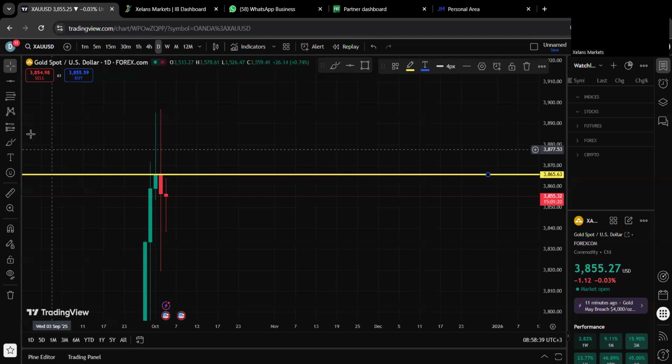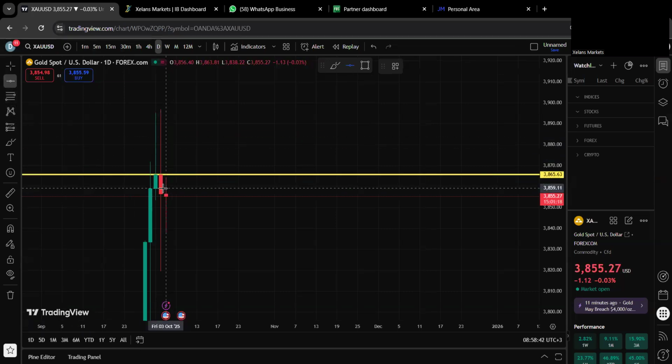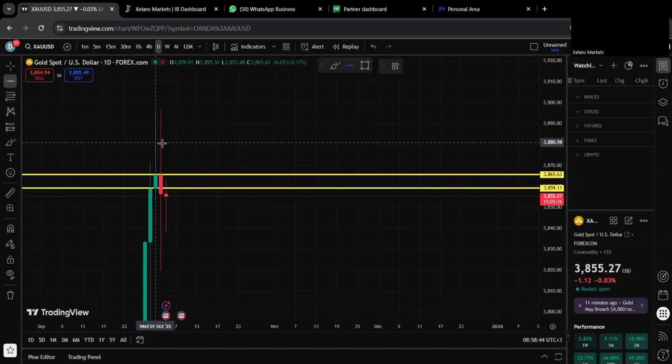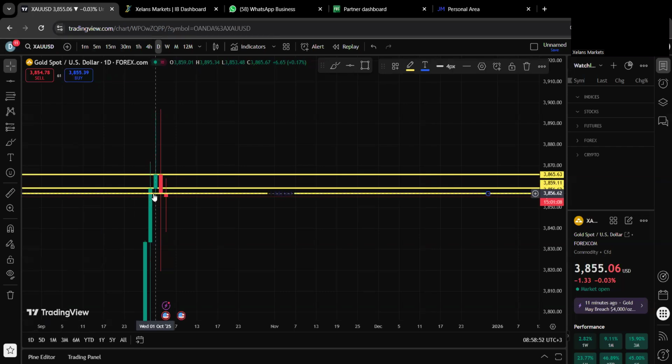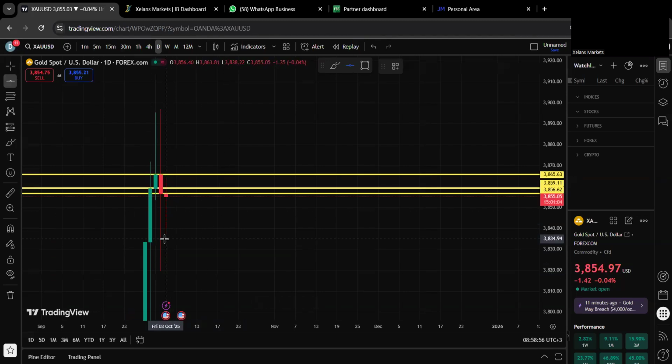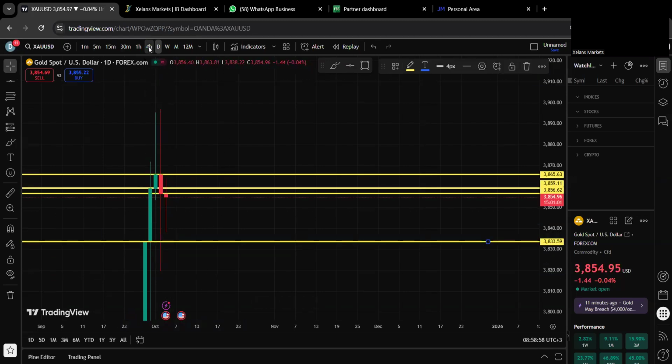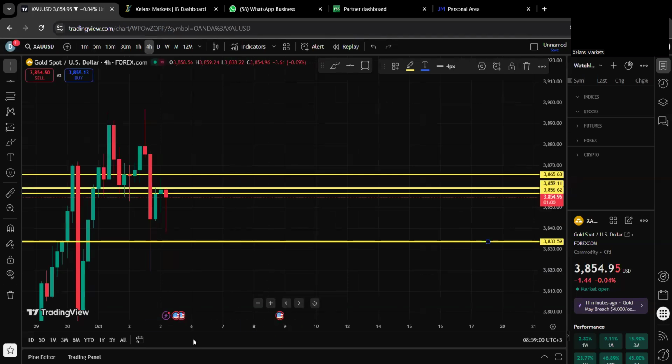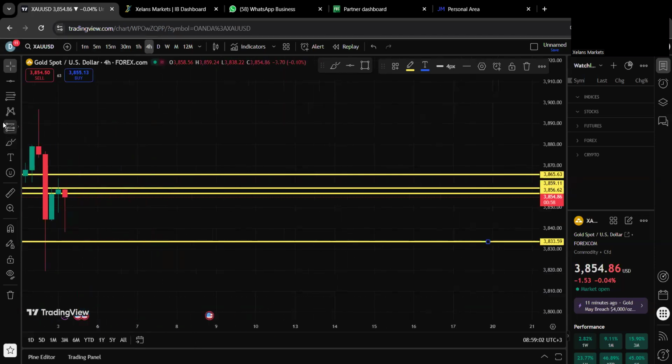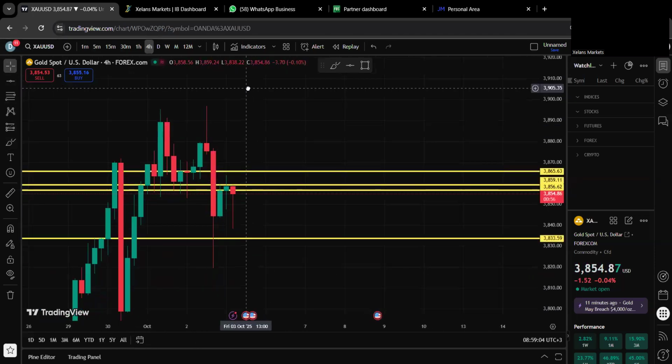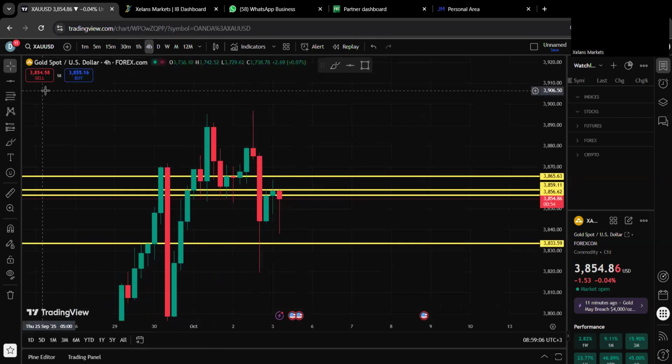If you identify that area, and identify this area, you can also do this one. So when you go to 4 hours, you can identify the zones when you go to 4 hours.